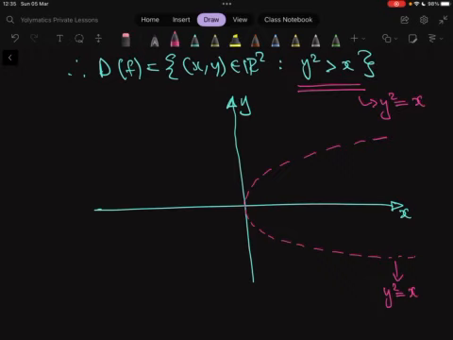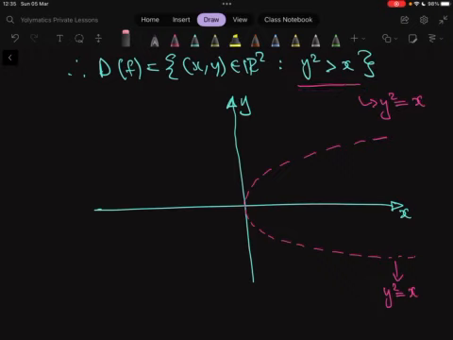But now, we are told that we don't need points where y squared is equal to x, but we need the points where y squared is above x, which means we have to ask ourselves, where do all such points live?